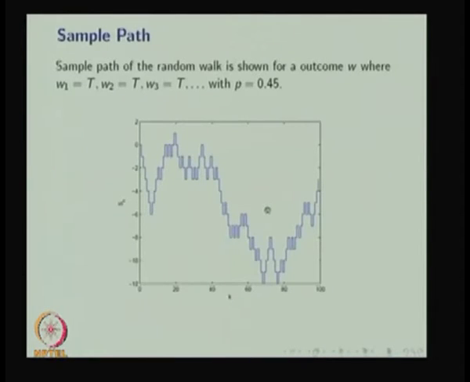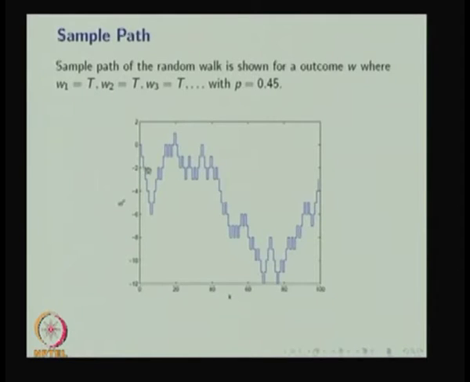You can see the sample path of the random walk. Suppose ω1 is a tail, therefore X1 takes the value minus 1. Again, suppose ω2 is T, then X2 also takes the value minus 1. Suppose ω3 is also T, then X3 also takes minus 1. Therefore, Sk will be, initially 0, then S1 will be X1, that is minus 1. S2 will be X1 plus X2, that is minus 1 plus minus 1, that is minus 2.